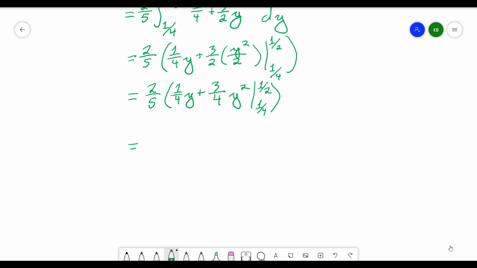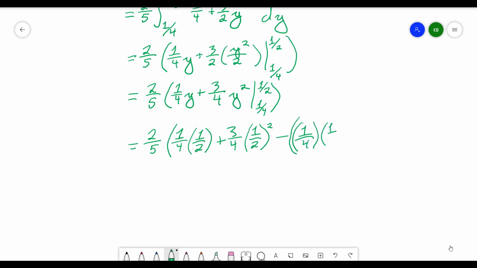Now doing the evaluation inside the parentheses, I'll have 2/5 staying the same outside. And then I'll have 1/4 times 1/2 plus 3/4 times 1/2 squared, minus, plugging in 1/4, 1/4 times 1/4 plus 3/4 times 1/4 squared.